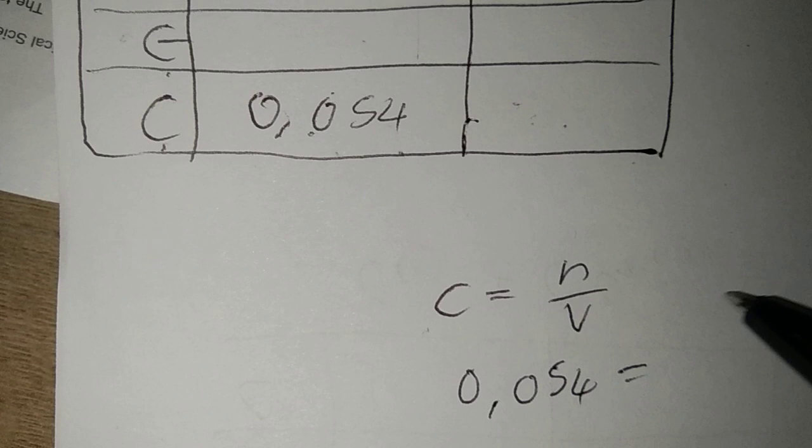You should note that when we use this table, we only use the molecules which are in the gaseous phase or aqueous phase. We don't use solid phase or liquid phase. That's why I didn't include our carbon on the table.